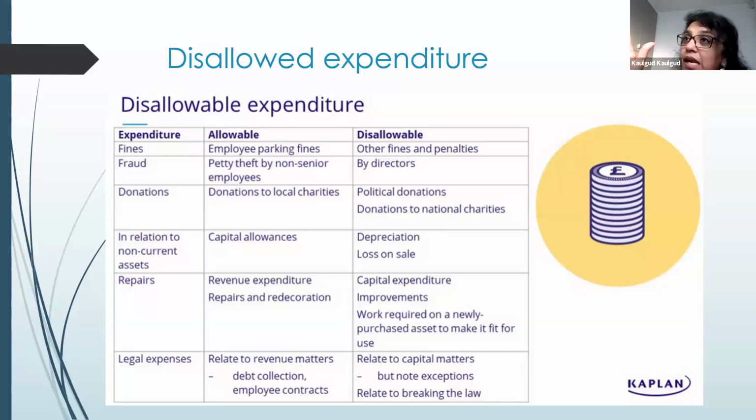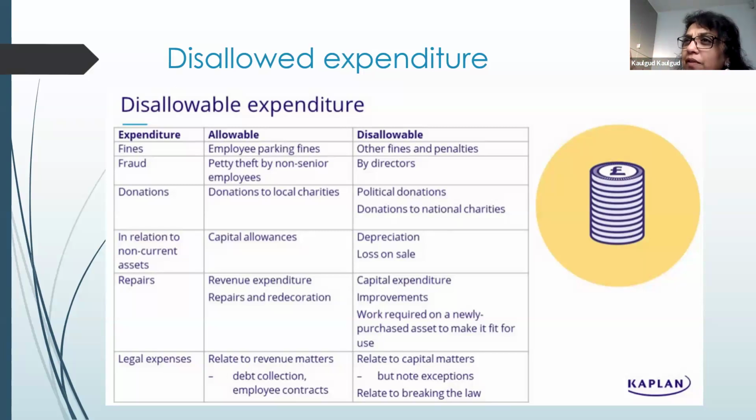Then the next one is disallowable expenditure related to the non-current asset: depreciation and loss on sale. Now, why is depreciation classed as a disallowed expenditure? Depreciation is a notional loss in the value of an asset.